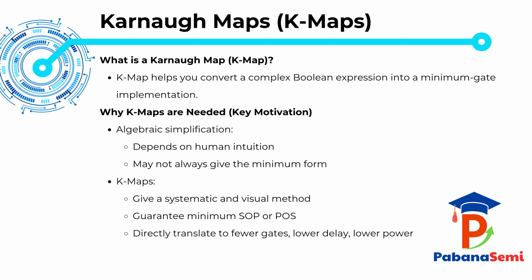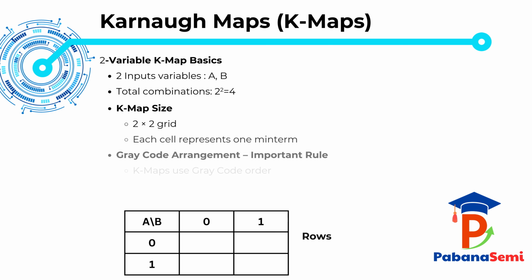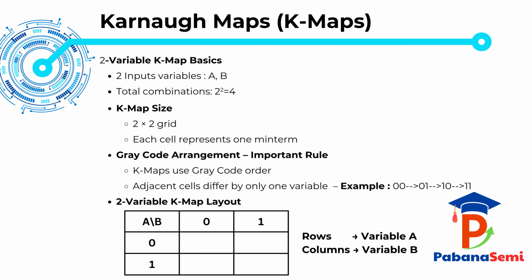Now let us understand the basics of a 2-variable Karnaugh map, or 2-variable K-map. Input variables and combinations. In this case, we have 2 input variables, named A and B. Since each variable can take only 2 values, 0 or 1, the total number of possible input combinations is 2 raised to the power 2, which equals 4 combinations.